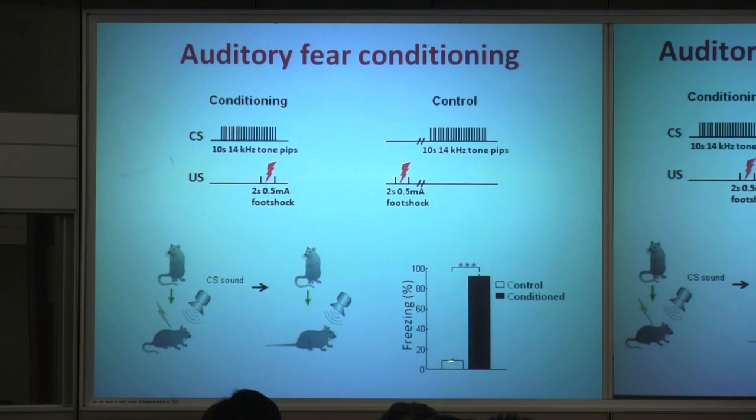So you want to look for where that memory is, and what is the change associated with that memory. Right? So given the sound that you associate, first of all, we show that this is highly robust. Once you compare to an unpaired case, the unpaired animal sound produces no freezing.